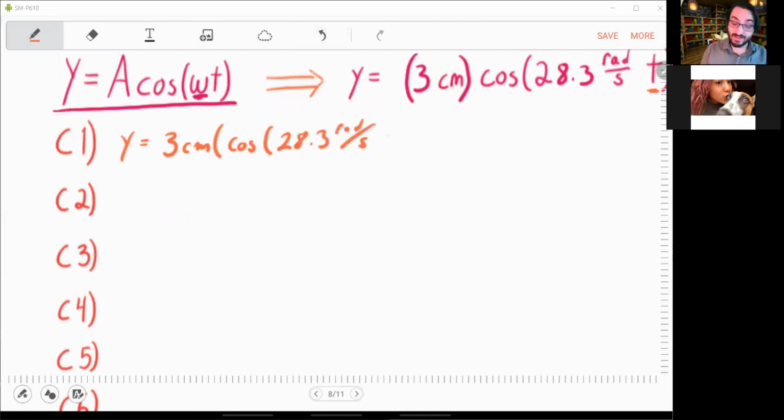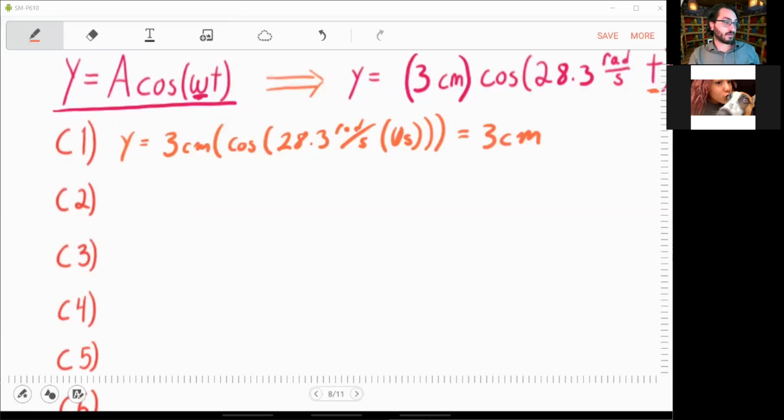So the first one is t is equal to 0. Now, we actually already know this because at t equal to 0 is when we release the mass. So what are we going to get? 3 centimeters. It's going to be at the amplitude at t equal to 0. We pull the thing back and there we go.